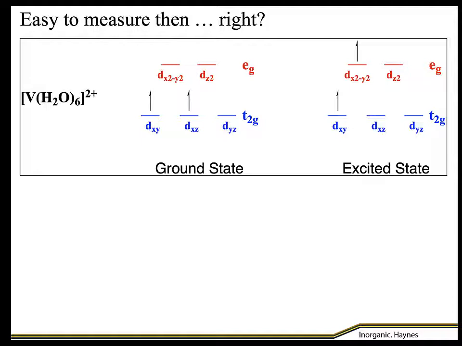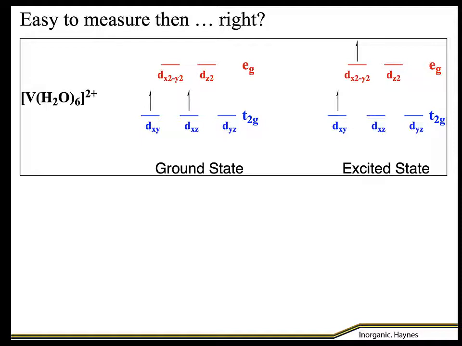And if we're looking specifically at our D to D transitions, it makes sense that we could measure this delta octahedral at first glance just by looking at a ground state where we have both electrons in our T2G set, and an excited state where we actually have an electron promoted up into that EG set of orbitals. And this looks like it would be able to directly measure that value for delta octahedral.